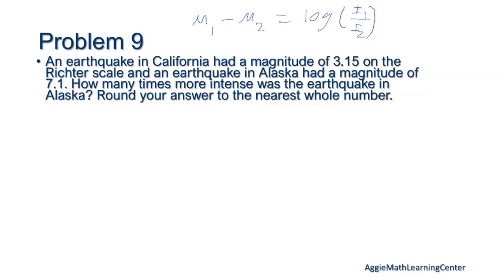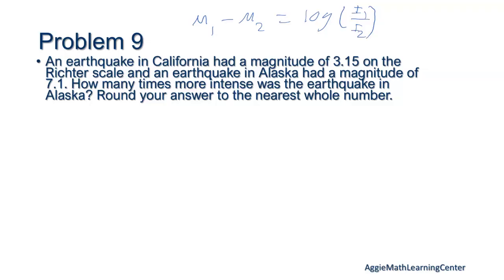With that information, this problem says an earthquake in California had a magnitude of 3.15 on the Richter scale, and an earthquake in Alaska had a magnitude of 7.1. How many times more intense was the earthquake in Alaska? Round your answer to the nearest whole number.